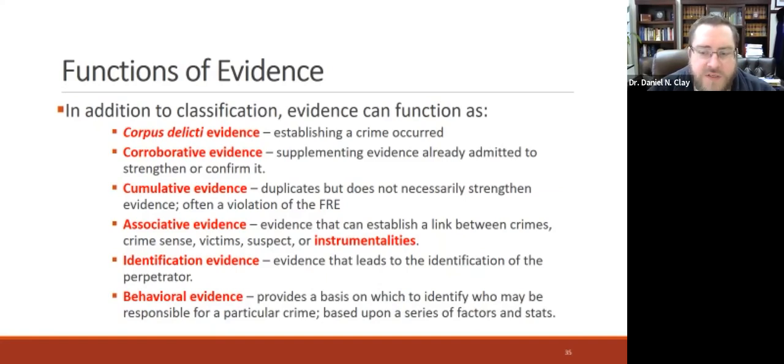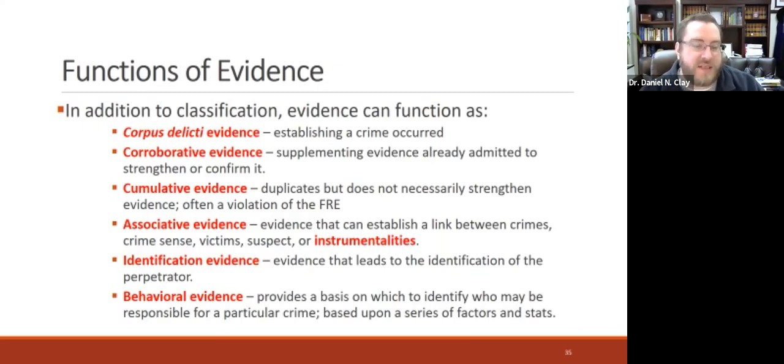What they're doing is just using stats and factors. They look and say, okay, this crime is a lot like the other 900 crimes that I've investigated over the years. And in those 900 crimes, out of 899 of them, only one was perpetrated by a female. So I can pretty confidently say you're probably looking for a male in this crime, based upon the fact that this crime is like all the ones I've investigated before.